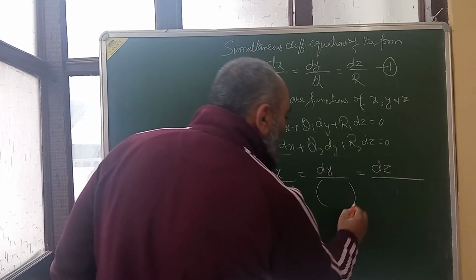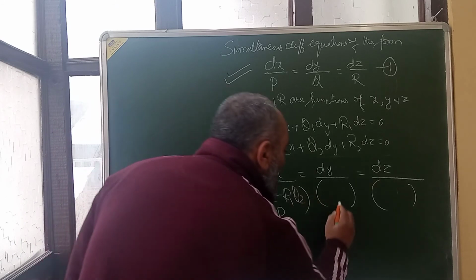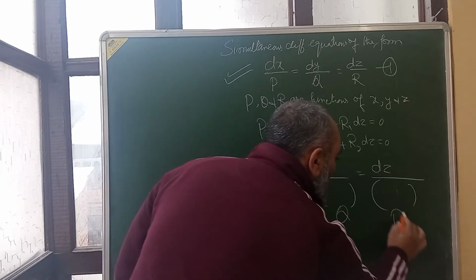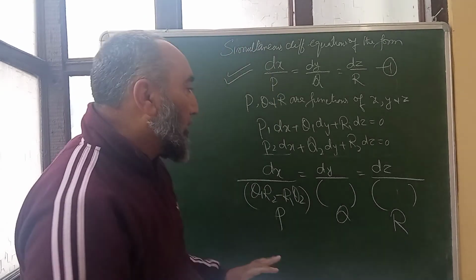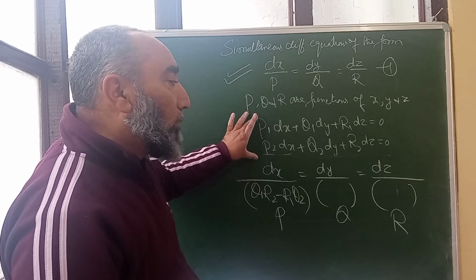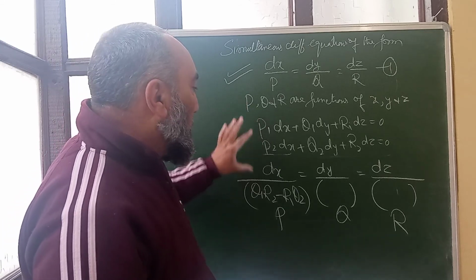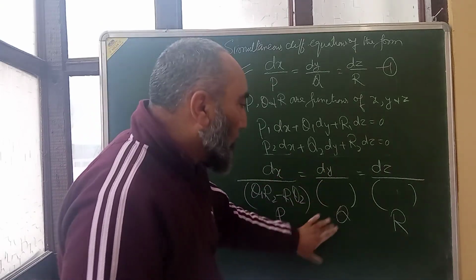Similarly, you will find dy and dz. This is known as P, this is known as Q, and this is known as R. And you will see that P, Q, R will be functions of x, y, z. So instead of writing two differential equations of this type, we can write them in this form: dx by P, dy by Q, dz by R.